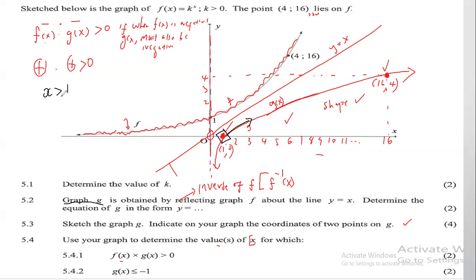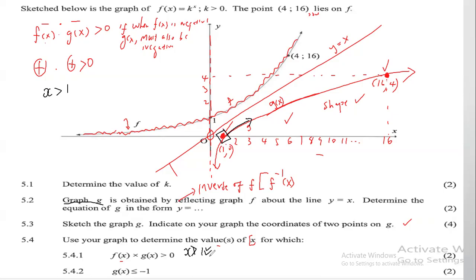So when it's f times g greater than 0, x must be greater than 1. Yes, so the answer here is x is greater than 1. We give you 2 marks.